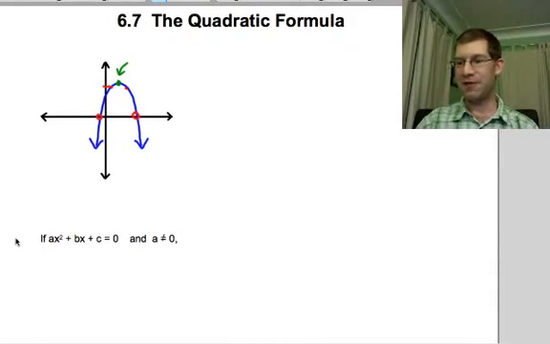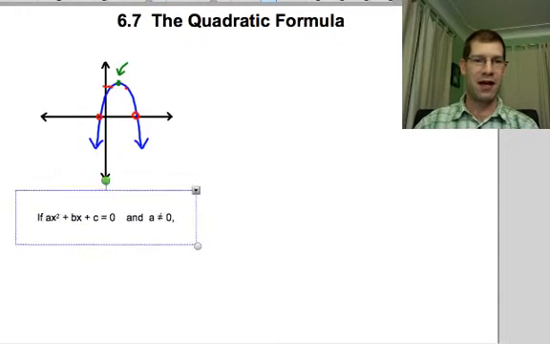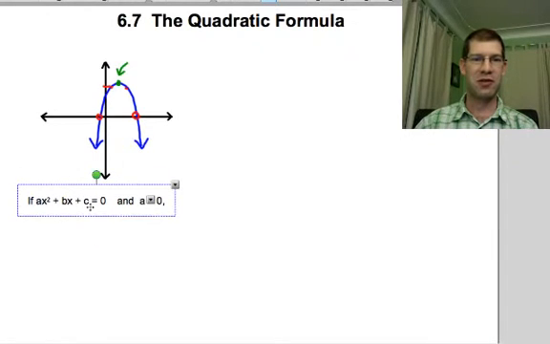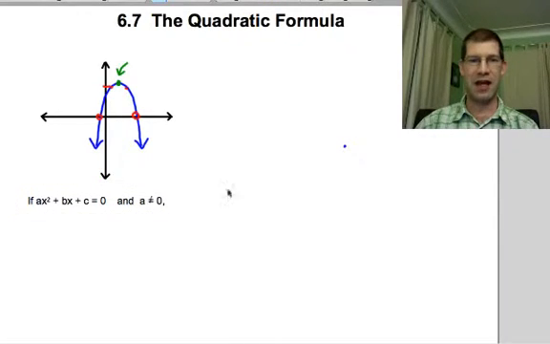But moving on, the quadratic formula. Here's the actual theorem, I guess they'd call it, that says if ax squared plus bx plus c equals 0, so in other words, if you have a parabola in standard form, and that equals 0 and a does not equal 0, we'll see why that's the case in a second, then here's the actual formula.